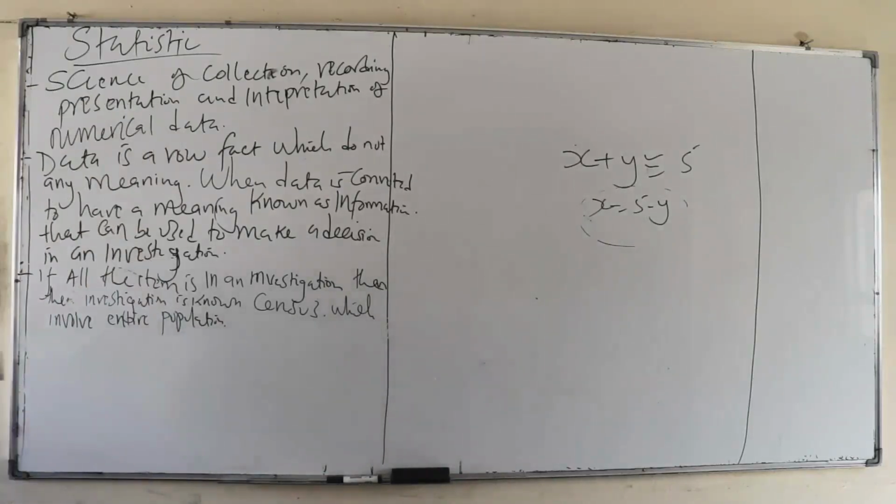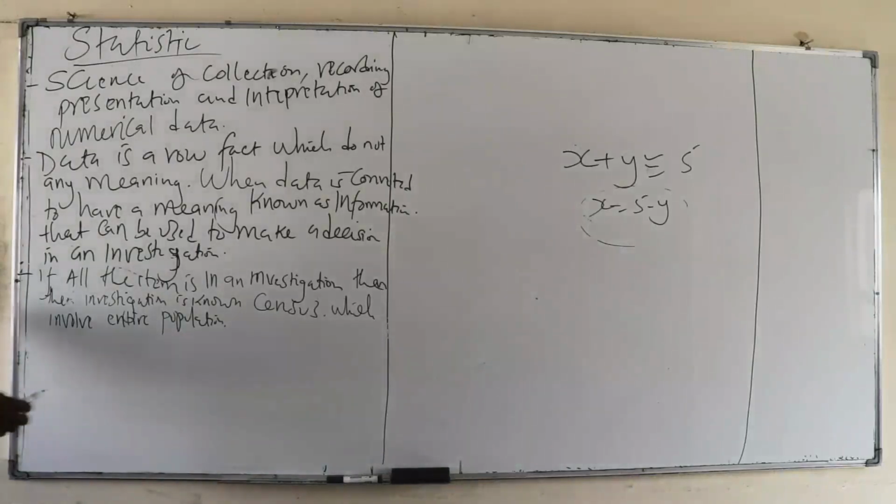So population there stands for total items, or all the items that are available in the investigation. That is what we refer to as population. So if we investigate all the population, it is known as what? Census.